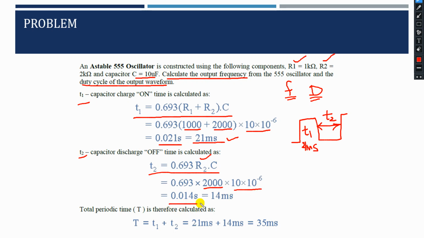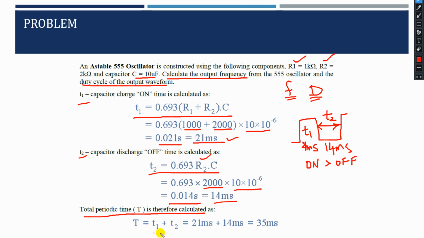So you will get 0.014 second, that's nothing but 14 milliseconds off. So the on period is greater than your off period, as per this formula and the data given. Now let us find the total periodic time T.